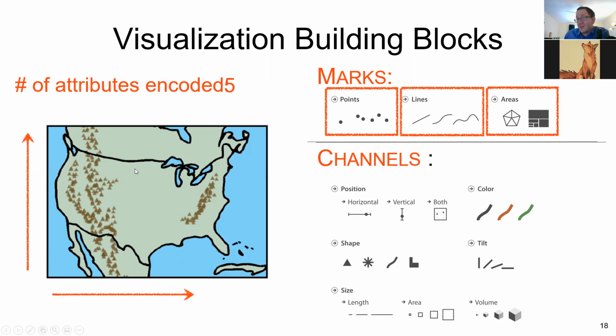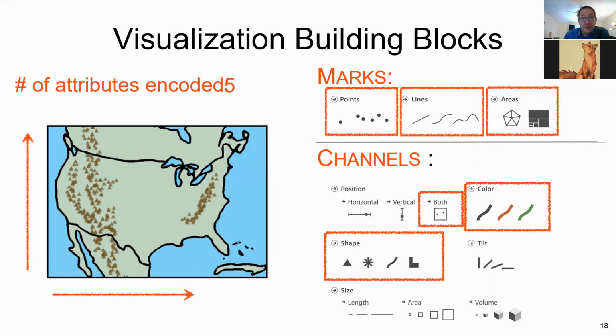The lines are actually the borders separating between them. I could also include other stuff on a map. But because we know what it's supposed to look like, we have a common point of reference. It's easy to put in a whole lot of attributes at once. We have X and Y coordinates. We have color. We have shape for the glyphs, for the mountain ranges. We have area, the shape of the land itself, or the size of the land itself.